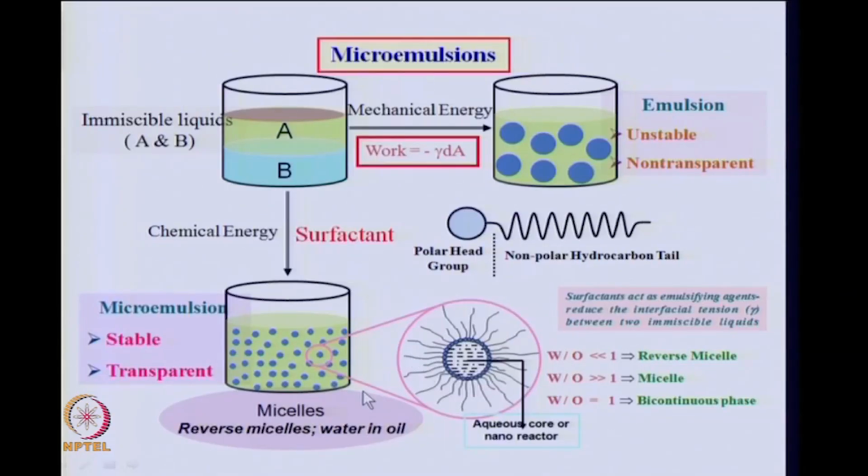So, typically you get a microemulsion where you have these surfactant aggregates and one of the liquids is trapped within the sphere and the other liquid stays outside the sphere, and it gives you a transparent solution. So, this is the basic structure of a micelle or a reverse micelle, which has spherical aggregates of surfactants, and this particular geometry can help you control the synthesis of nanostructures by controlling the diameter of these nanostructures.